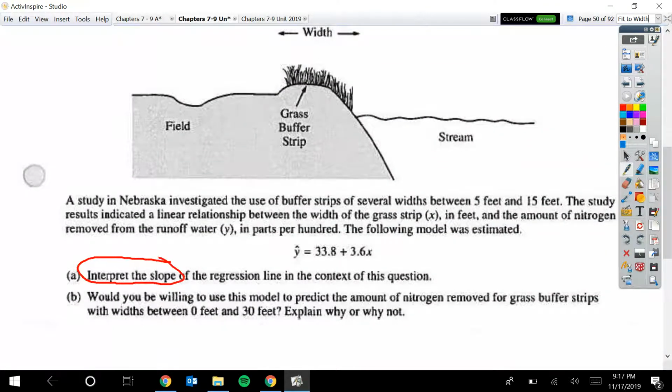In order to get full credit on interpreting the slope, you had to use context, talk about the predicted number, and of course identify the correct slope number.